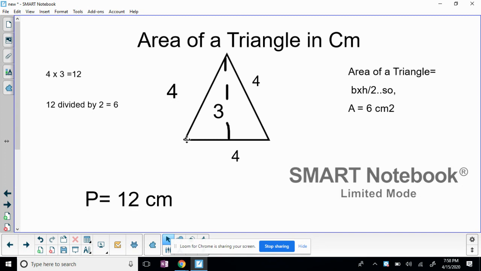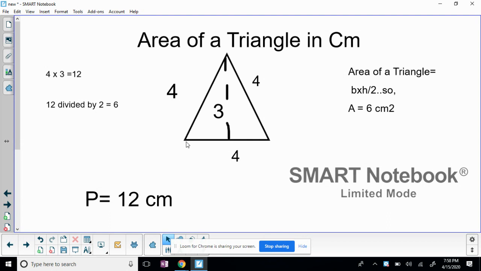Now, start with what you know. The base of this triangle is 4 centimeters. The height is not 4 centimeters because the lines are curved. The height you calculate in the middle here. So the height is 3 centimeters. So 4 times 3, base times height like you were taught, equals 12.